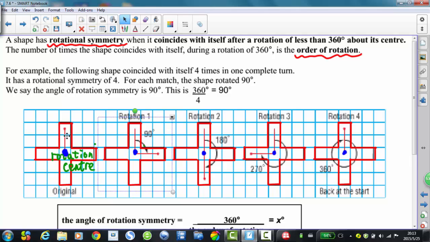Let's look at how I can make this shape coincide with its original shape 4 times in one rotation. The rotation center is in the middle of the cross symbol. Let's rotate 90 degrees clockwise first. With 90 degrees, I can find the shape coincides with itself.